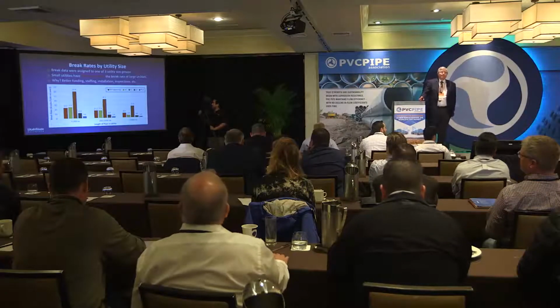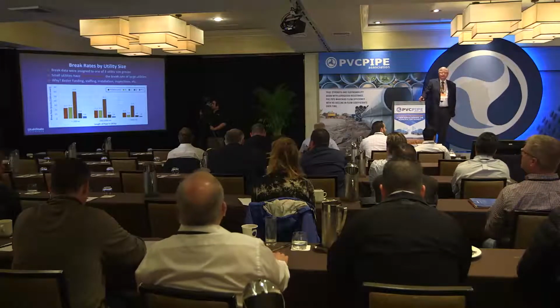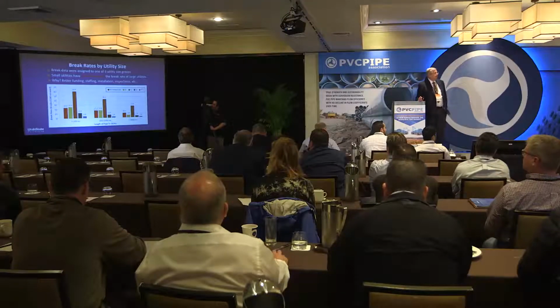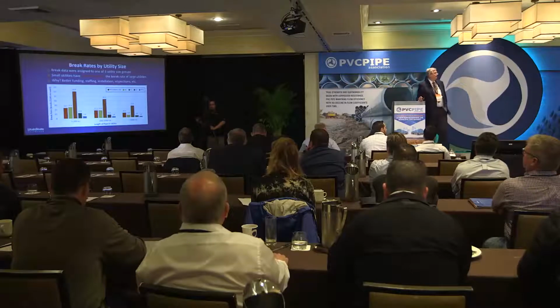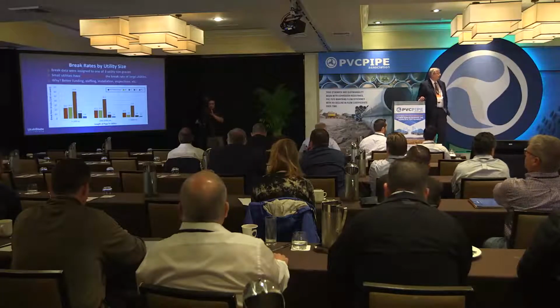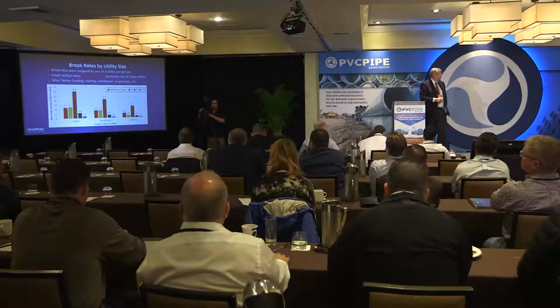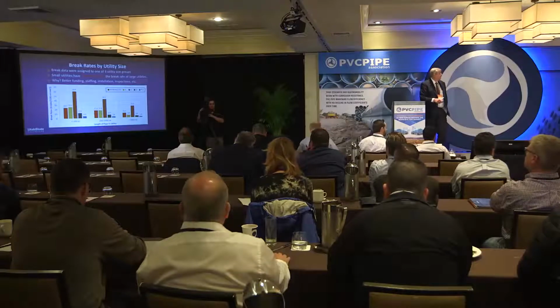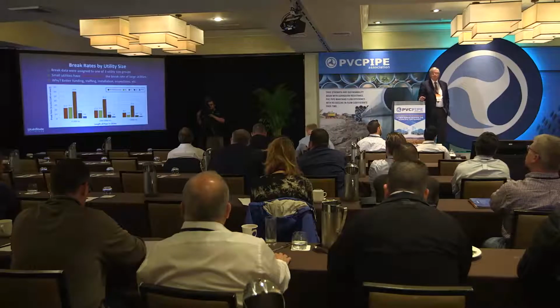Here, I think, is an extremely significant conclusion I did on this survey, where we took the miles of pipe and we broke it into just 3 size categories, where we had utilities that are under 200 miles of total pipe, 200 to 1,000 and over 1,000. So large, medium, and small.